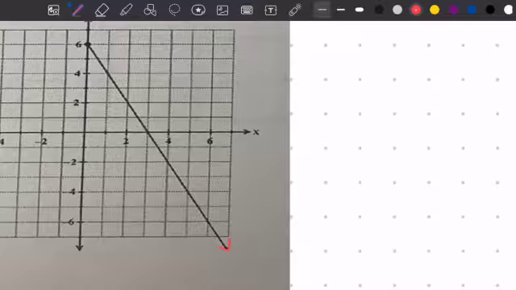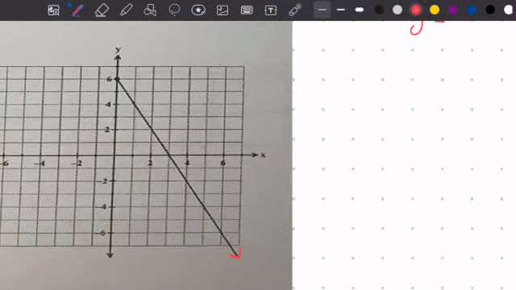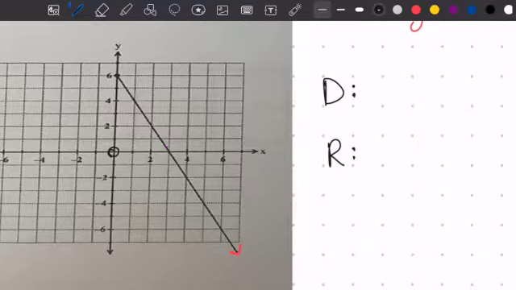A linear equation like this that goes off of the graph usually has an arrow. This arrow is a lot smaller, so I redrew it for you guys. But we're going to treat it the same way. Domain and range. We're going to start with our lowest possible x value, which we know is 0.